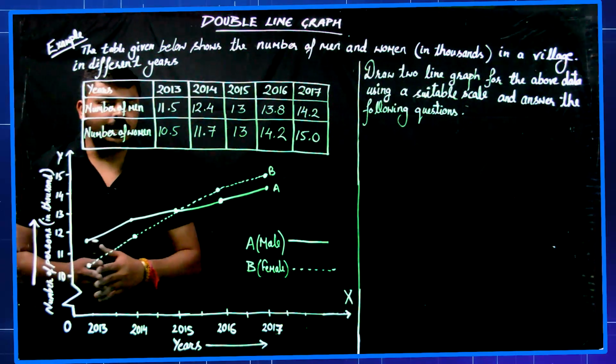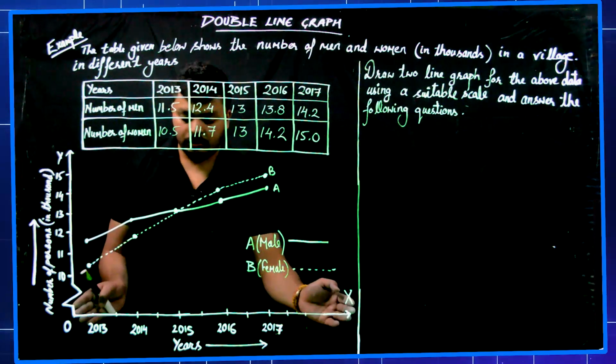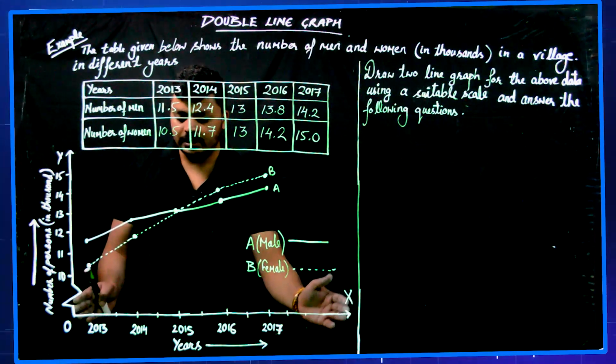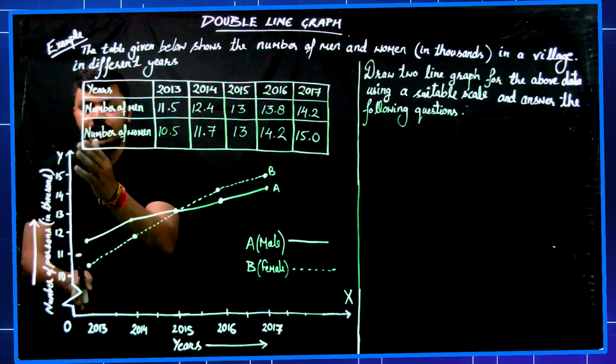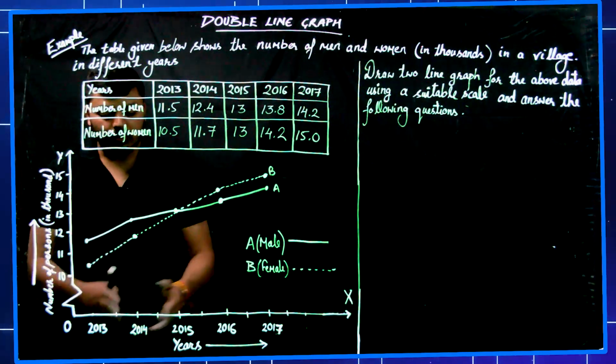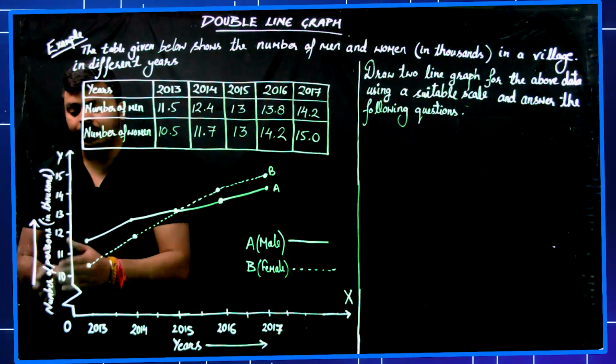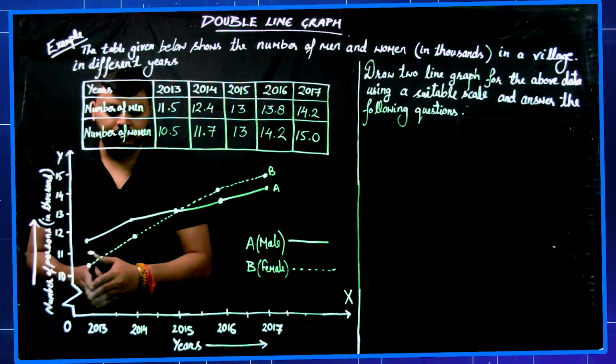To draw the double line graph, first of all, step 1 is to draw a horizontal axis OX and a vertical axis OY representing the x-axis and y-axis. Along the x-axis we take years and along the y-axis we take number of persons in thousands.